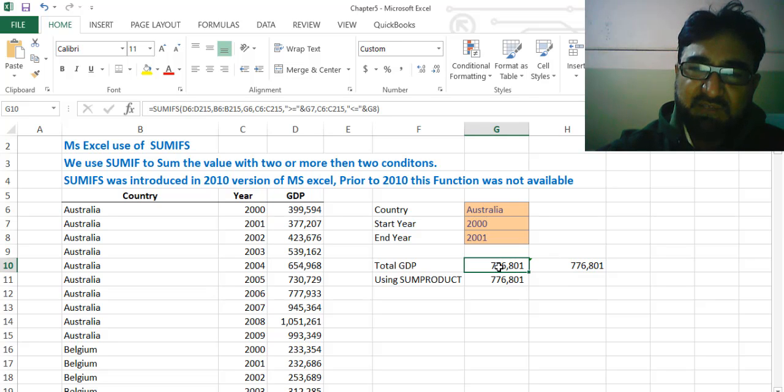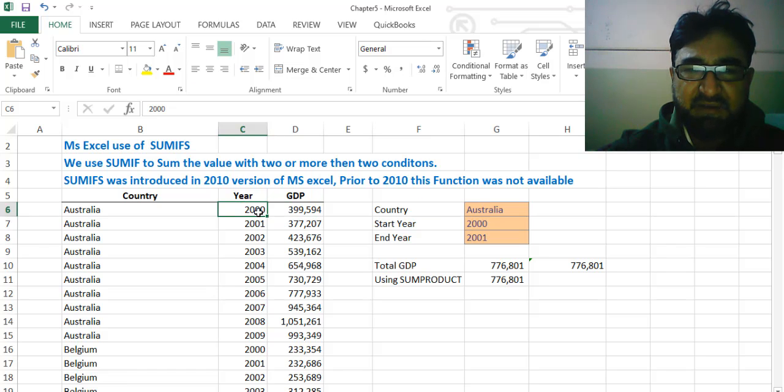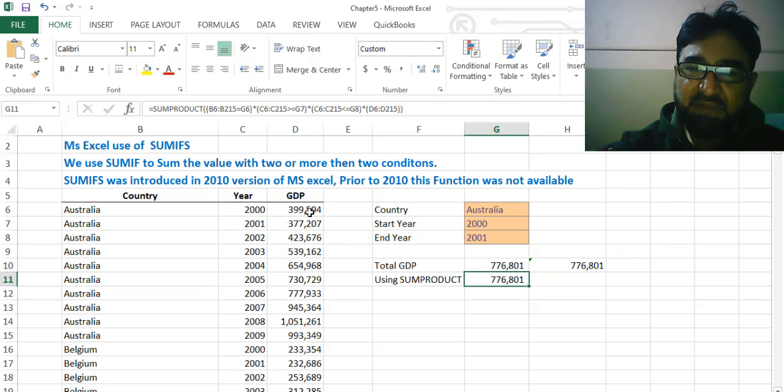So this formula is working correctly. It selected the correct country Australia, it started the calculation from the first year of the range, and it extended its range to 2001, and it picked these two values, and we got this total.